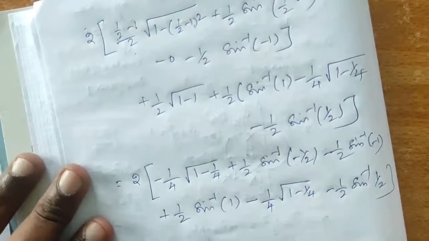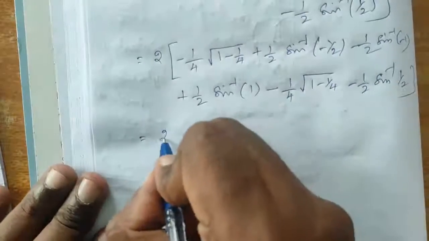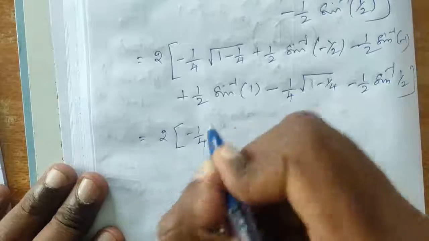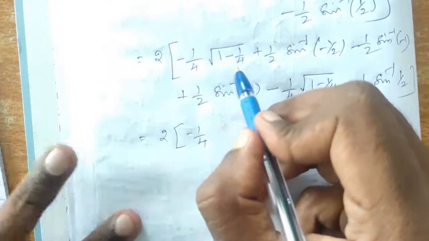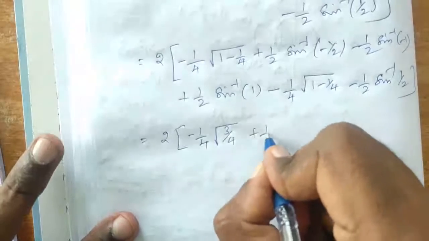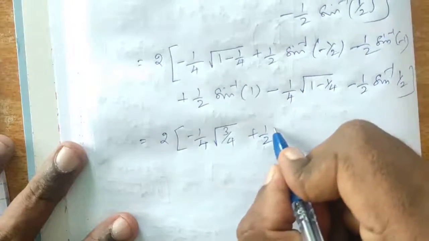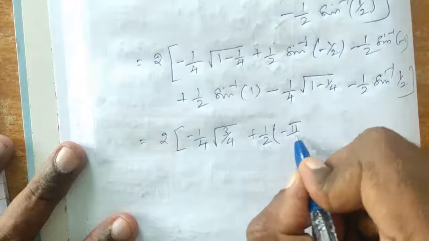Now, 2 into [ minus 1 by 4 into root of 3 by 4, plus 1 by 2 into sine inverse of minus 1 by 2, which is minus pi by 6, since sine of minus theta is minus sine theta.